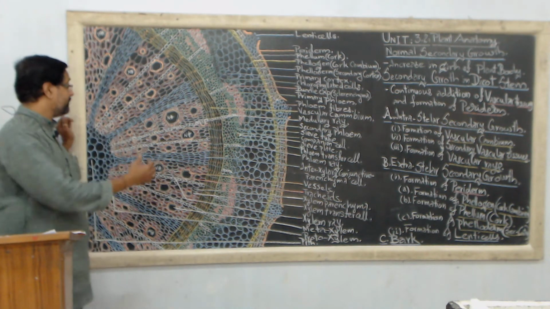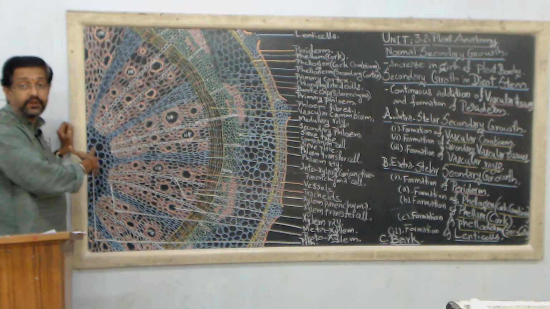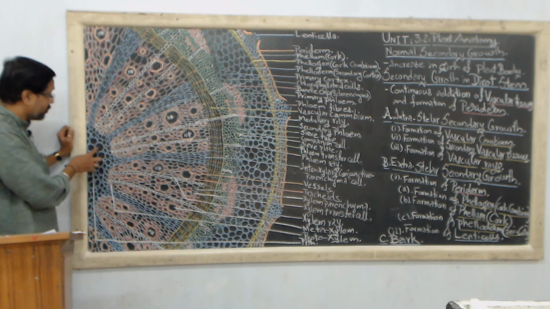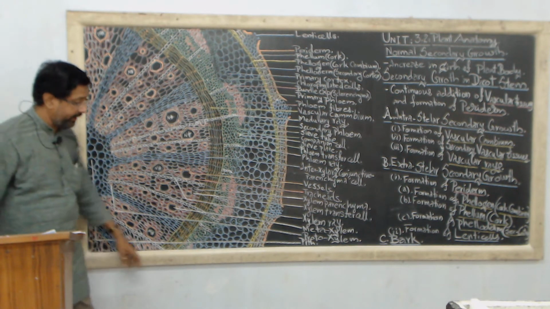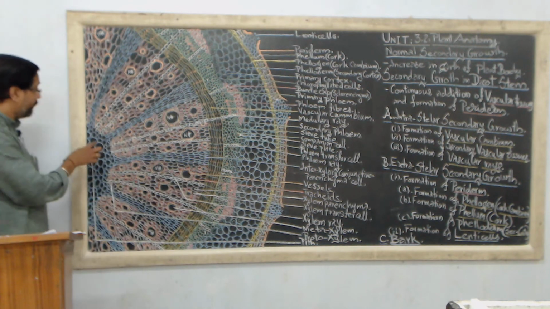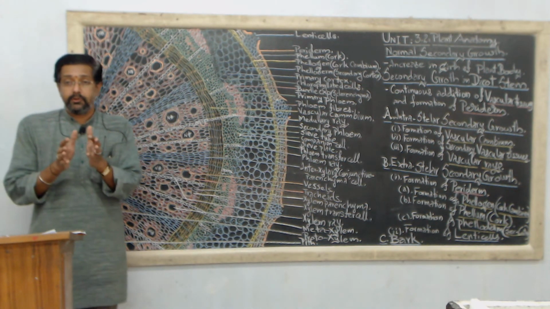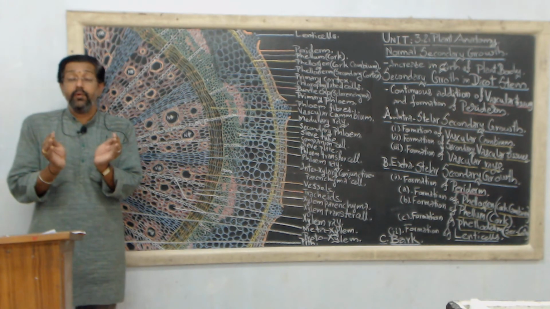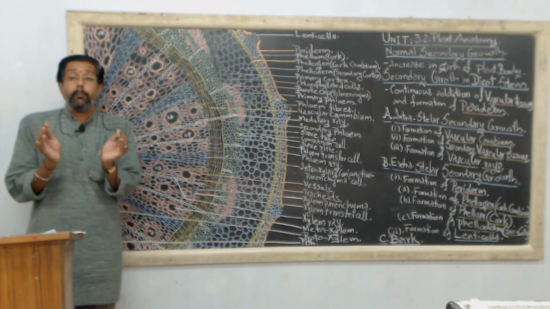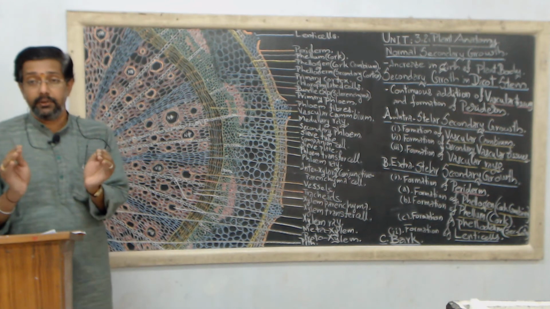The primary xylem is pushed towards the interior region, and usually at the center we can see thin-walled parenchyma cells which are called the pith. The center portion contains a limited number of oval or rounded, thin-walled, living parenchyma cells.